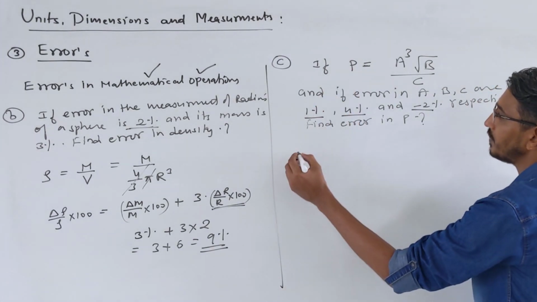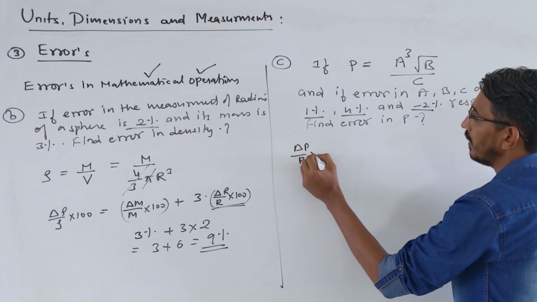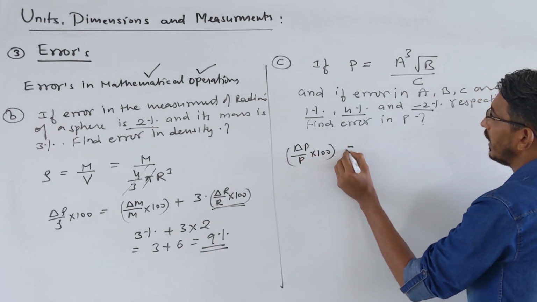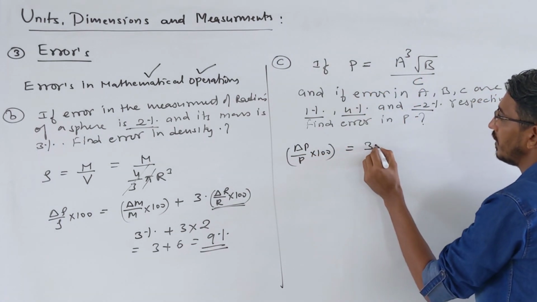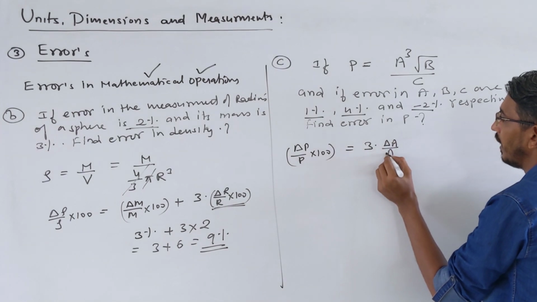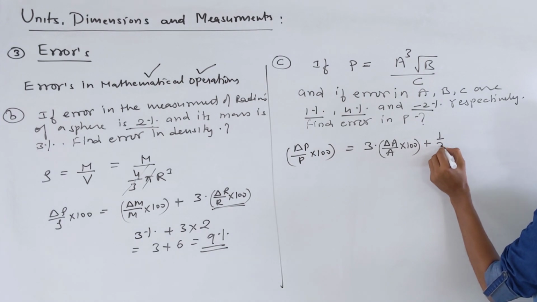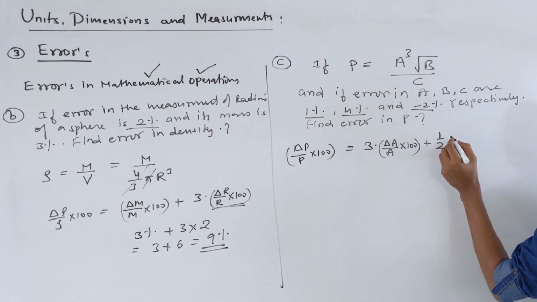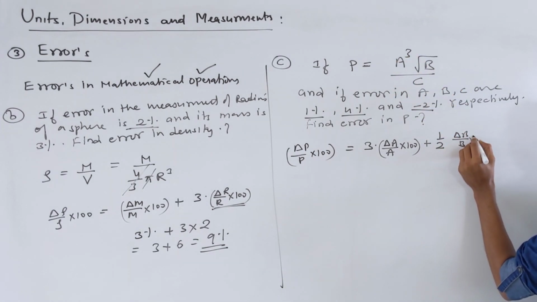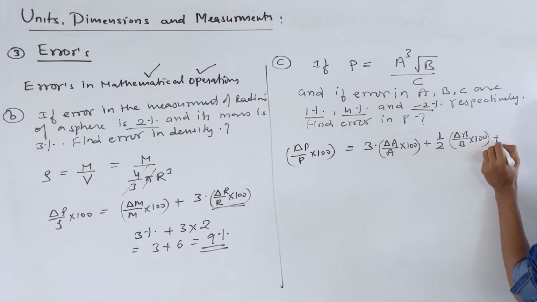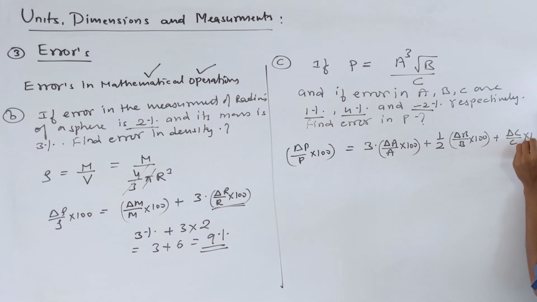Now the correct way is what? Del P by P into 100 you write. Okay, A cube means 3 comes in front, del A by A into 100. Then root B means what? Half. Root B means power half, del B by B into 100, then divided by del C by C into 100.